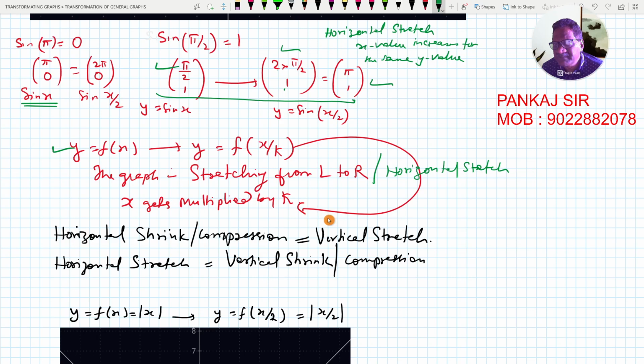You will see that the x coordinate gets multiplied by that k factor, and the y coordinate remains the same.